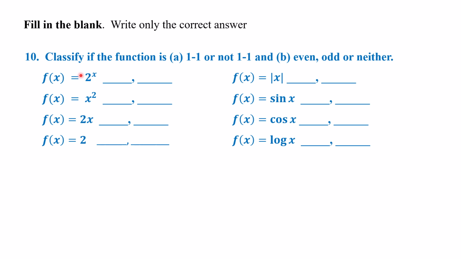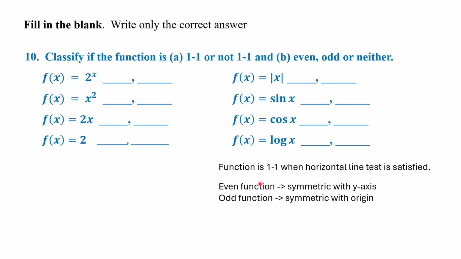We can identify if a function is one to one when the horizontal line test is satisfied. We can identify whether the function is even if the graph is symmetric with the y-axis, and it is odd when the graph is symmetric with the origin.